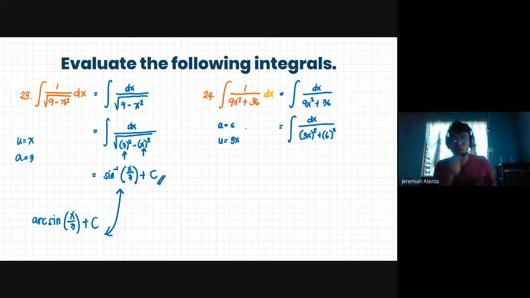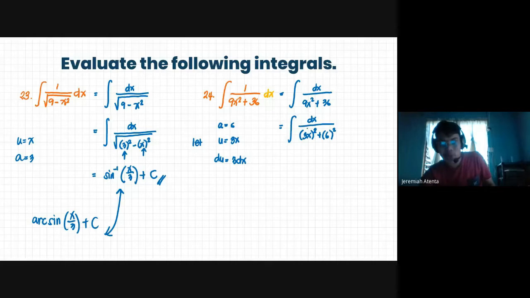And since our U is equal to 3x, it will follow that du is equal to 3dx. Okay? So we let u here be equal to 3x. So it will follow that du is equal to 3dx. And since dx lang tong nandito, you will just divide both sides by 3. You will have du over 3 equal to dx. Right?